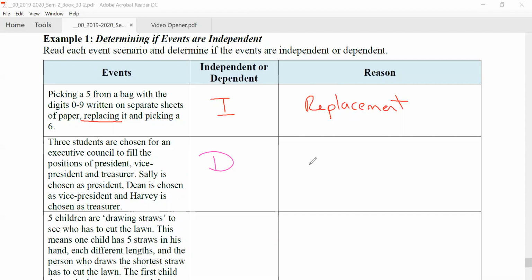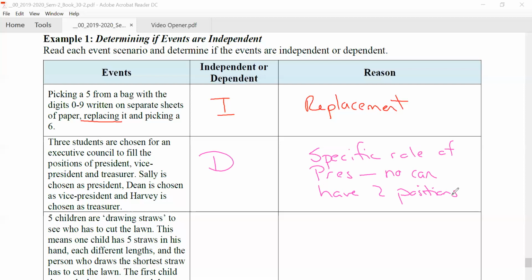There are specific roles in there, and no one can have 2 positions, so it's going to decrease the number of people that could be available for the next one.